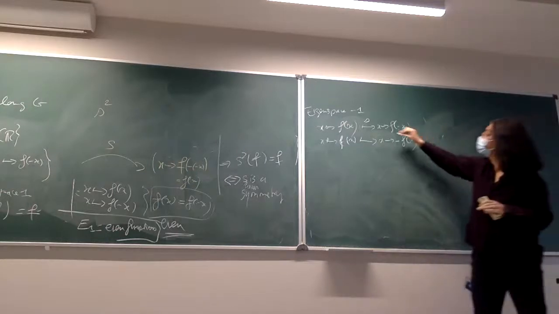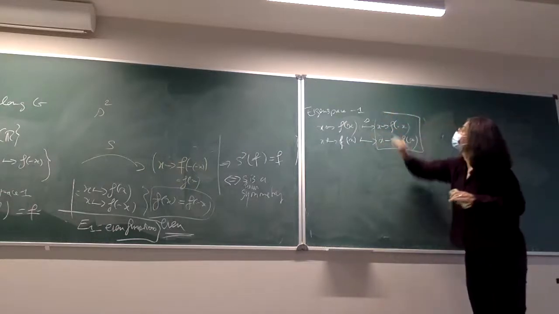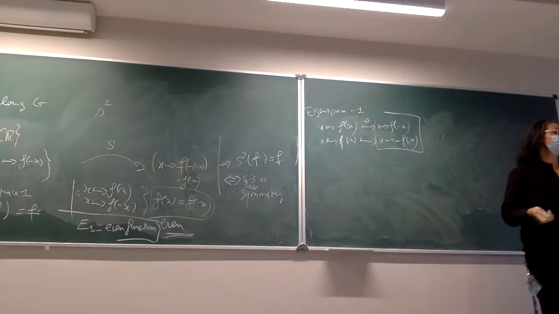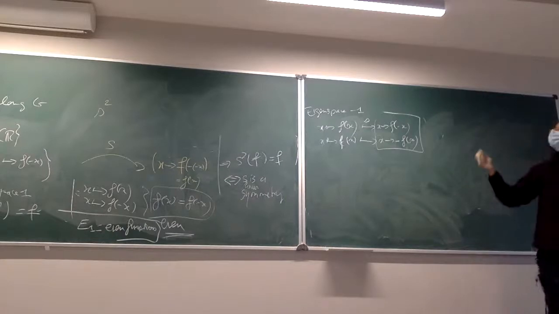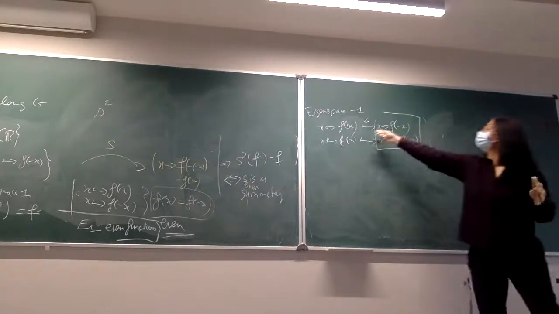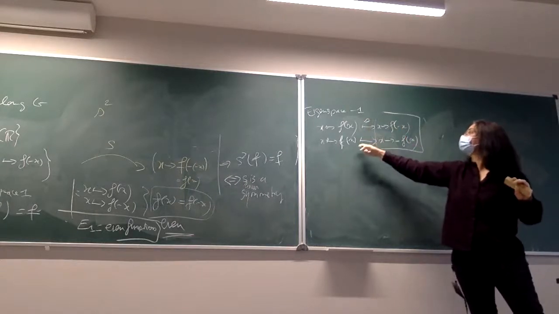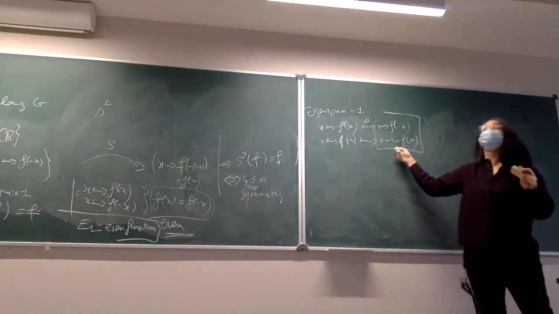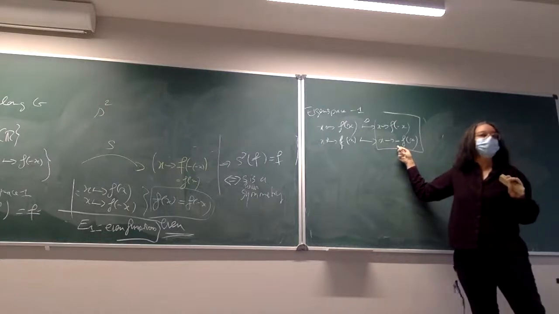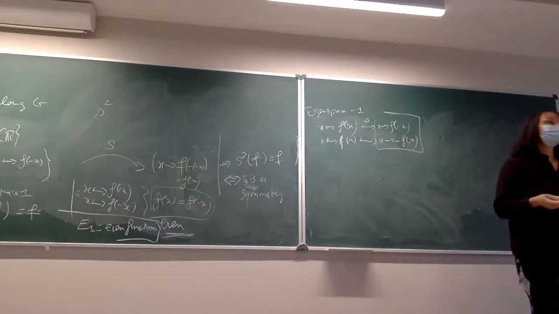So basically, I'm looking for functions that satisfy the same thing. That would be their image by S, but if it corresponds to eigenvalue -1, that would also be their image by S. So what are those functions?